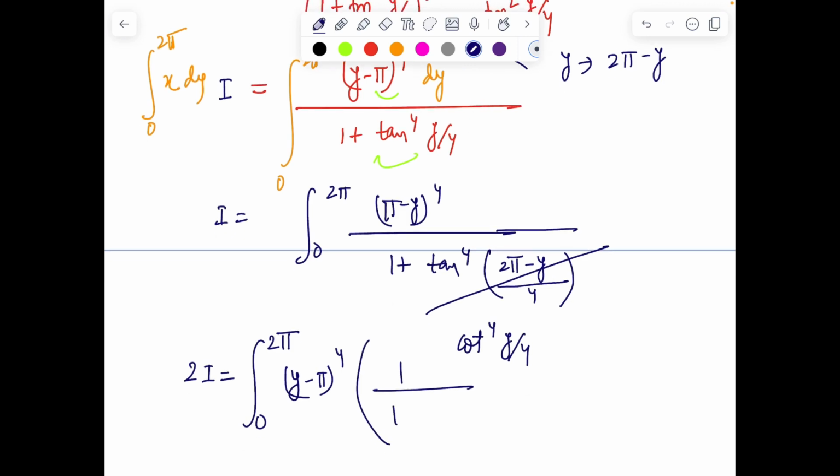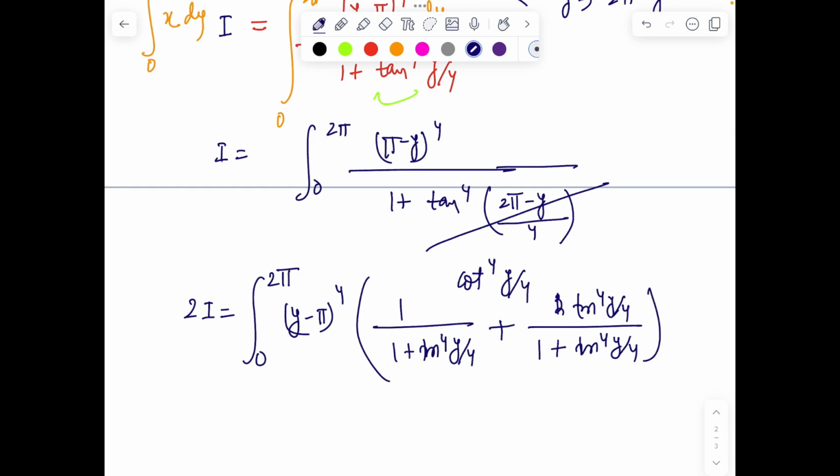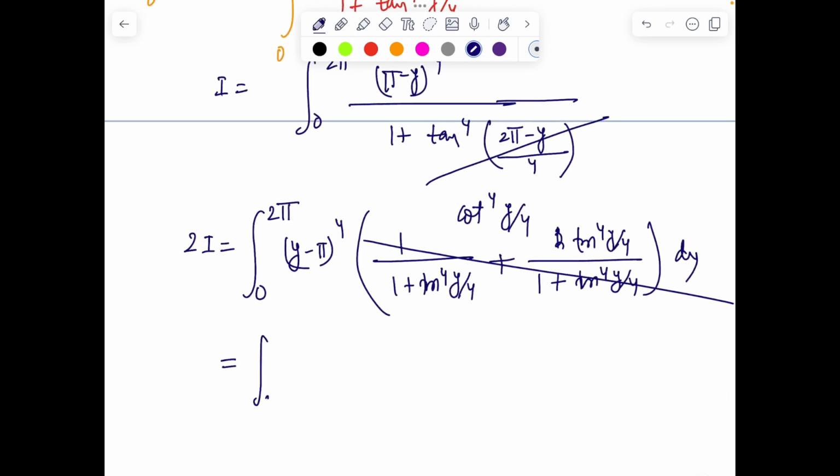And y minus pi to the power 4 I can take common. We have 1 by 1 plus tan 4 y over 4 plus 1 by 1 plus cot, which can be written as 1 by tan. So it's tan 4 y over 4 over 1 plus tan, the pair, right? Now you can clearly see this quantity becomes 1.